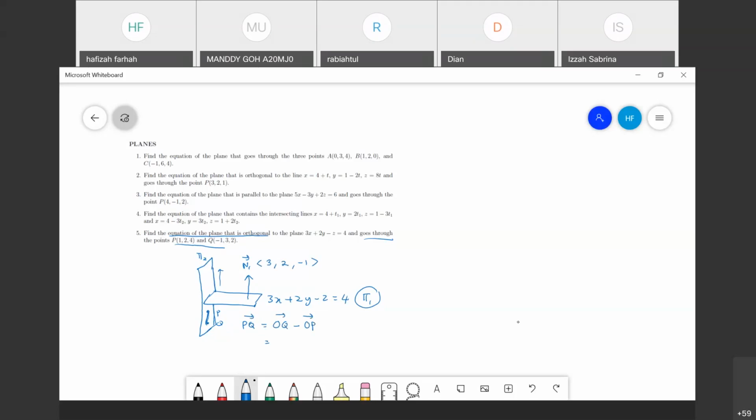So OQ is (-1, 3, 2) minus OP, which is (-1, 2, 4), giving (0, 1, -2).